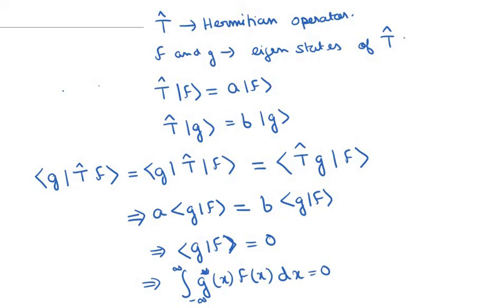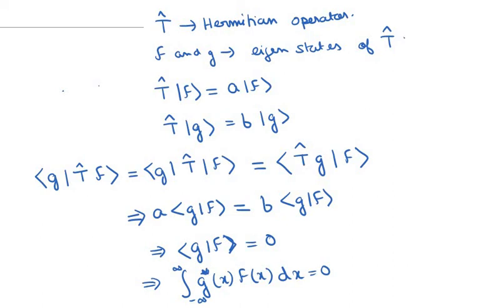And they are not only orthogonal, but they are also complete. So the eigenstates of a Hermitian matrix form a complete orthogonal set. Now the completeness of these eigenstates is not proved here. It can be proved, but it is very complicated, so we will not discuss it.